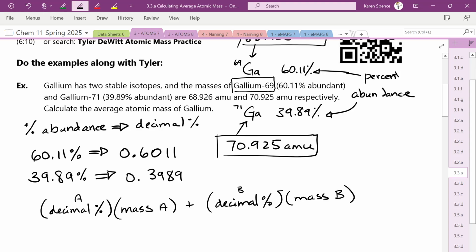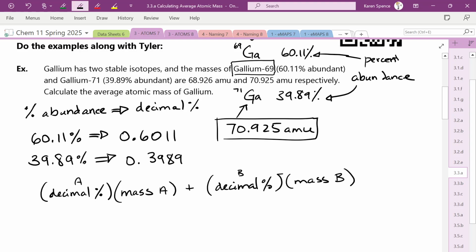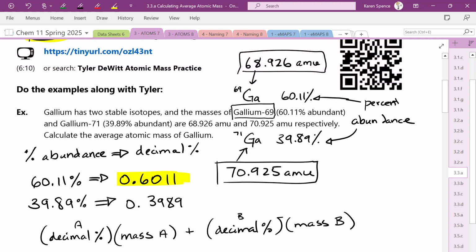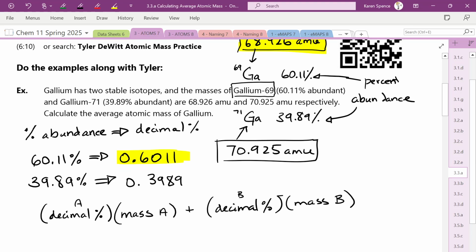You can just go straight to showing me the numbers. All of this up until now is just me showing you how to set up the problem. So really what you should do is say, okay, my decimal percent of A, 0.6011, is gallium-69, which is 68.926.